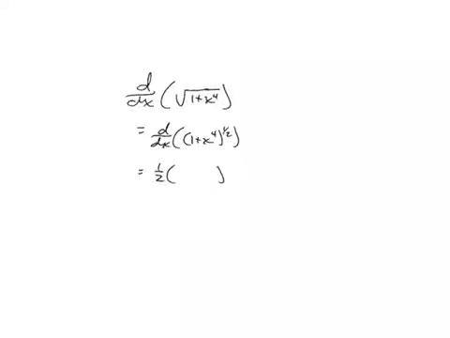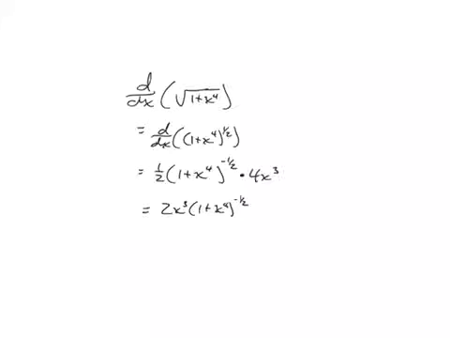And now we leave the inside stuff alone and lower the power by 1. So it would be negative 1/2. But on the inside, we write what we had before. The chain rule says we have to multiply by the derivative of the inside, which is 4x cubed. So what the chain rule is going to do for us, if I were to simplify this, I would get 2x cubed times 1 plus x to the 4th to the negative 1/2.